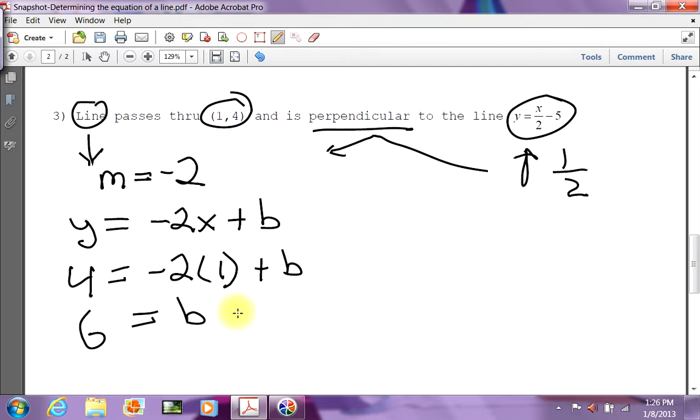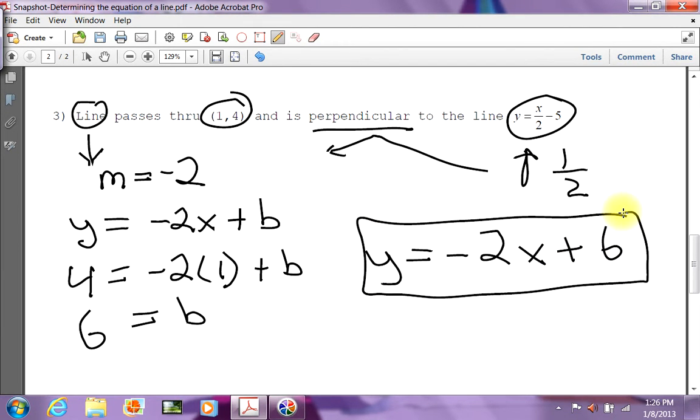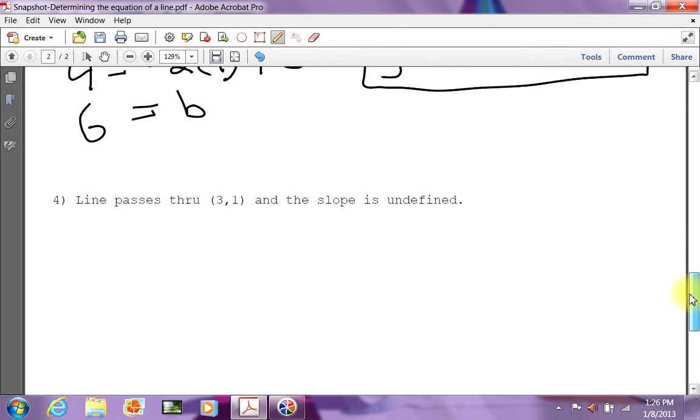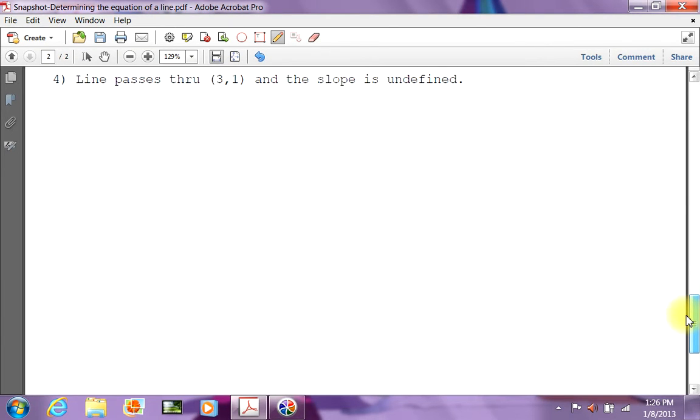I'm going to leave the steps to you. You should be able to move things around, but b is equal to 6, and therefore the equation of the line is y equals -2x plus 6. And there's the equation of the line. Again, I'm writing out my equations in slope-intercept form. You might want to work with point-slope form.